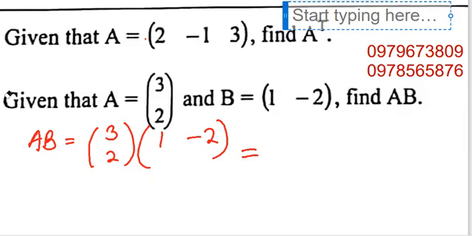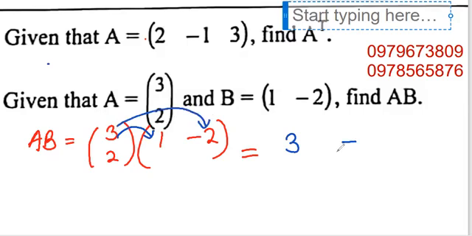So now, how do we multiply? You need to look at it this way. We multiply this row, which is 3, by 1. What are we going to get? We're going to get 3, which is row by column, by 1. Again, 3 by what? By negative 2.